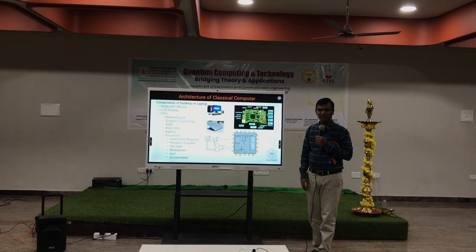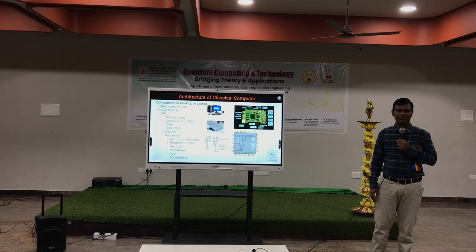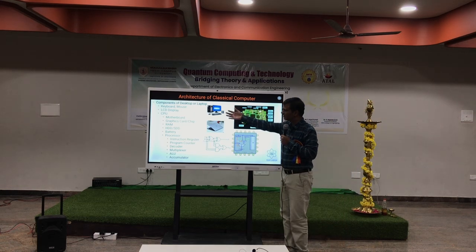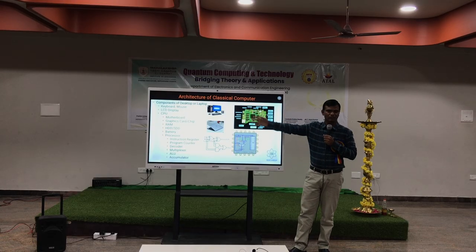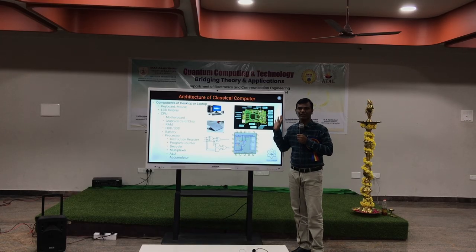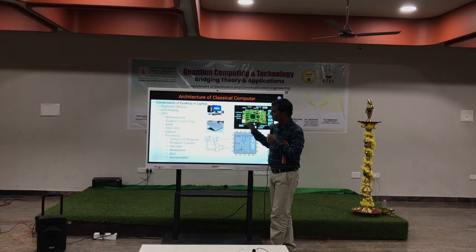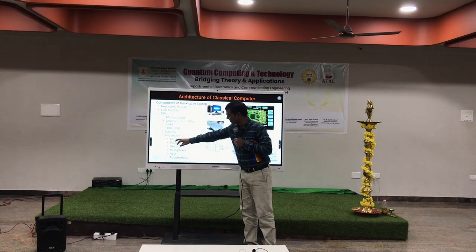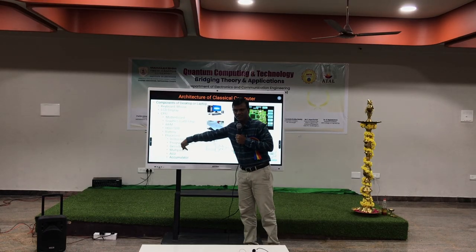And just like the desktops have the architecture, this is the architecture of our desktop, which you can classify into the various components. Similarly, we will be having the same architecture in the quantum computer also. The only thing is, here the processing will be different, because the processor is entirely different.